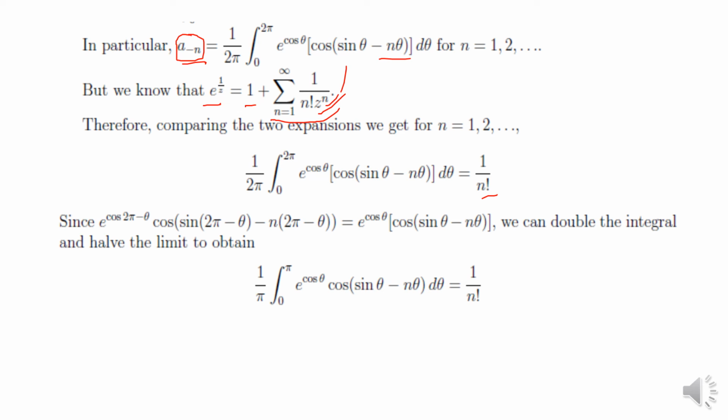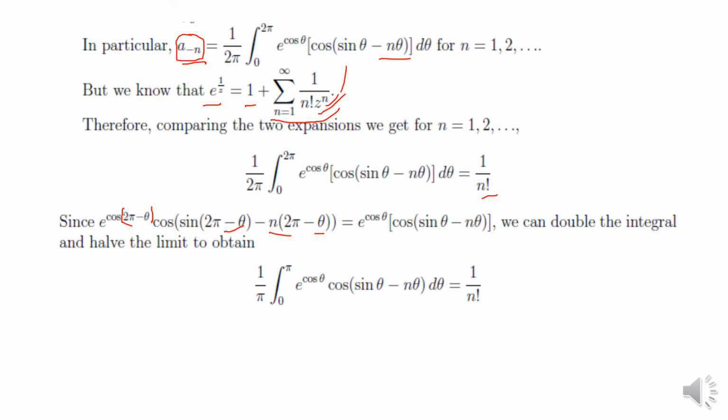So now we write again cos 2 pi minus theta, we are taking the same as we did earlier. So e to the power cos 2 pi minus theta, cos of sine 2 pi minus theta minus n 2 pi minus theta will be, as we did in the earlier question, sine 2 pi minus theta is minus sine theta, then minus 2n pi and plus n theta.